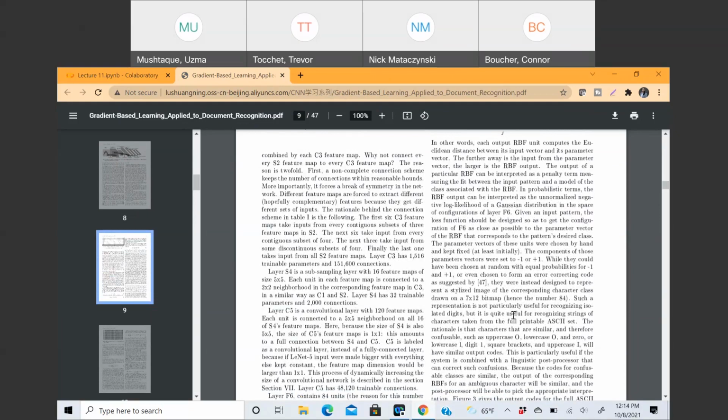So obviously, the networks of today are way better than this, but this one in those times was pretty good. Okay, so this is something that you must remember, LeNet-5 is the basis for all the other networks that come later. Okay, so that's that.